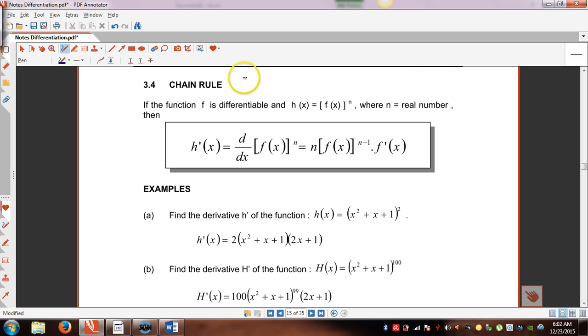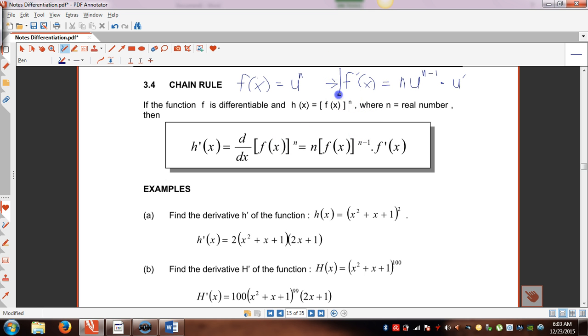If you have f x equal to u to the power of n, where u is a function, then f prime x equals, first of all, differentiating the outside, n u to the power of n minus 1, then multiplying with u prime.